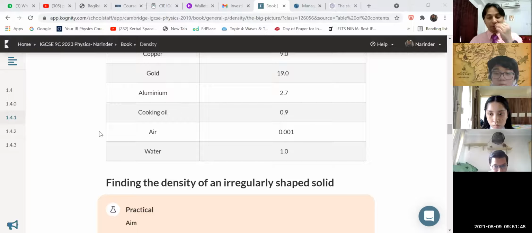Please remember, sometimes we need to write this information in the SI system in kilogram per meter cube, sometimes in gram per centimeter cube. But remember, children, water density is 1 gram per centimeter cube, and in kilogram, 1000 kilogram per meter cube. Air floats, and its density is very, very small compared with water, 0.001. You can compare other values from your textbook also, children.